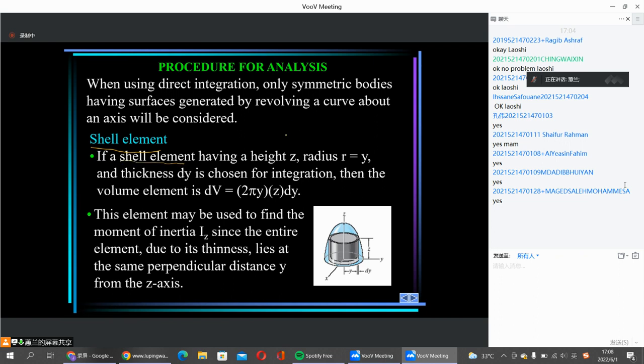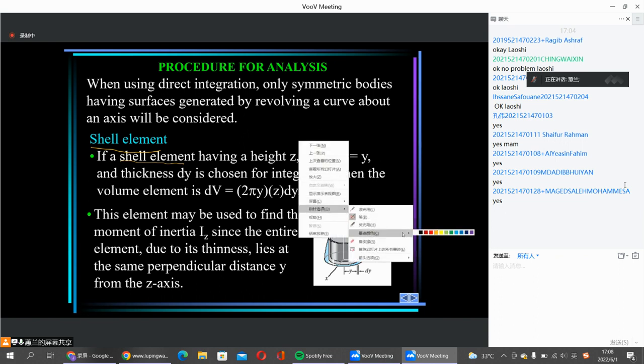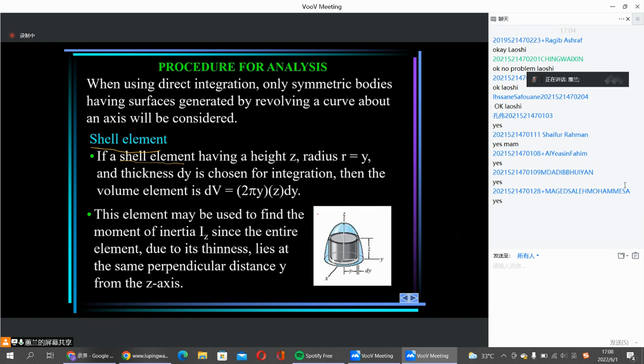If a shell element has a height z and radius r, the radius r is equal to y. Here we define the coordinates x, y, z. We try to calculate the moment of inertia about the z axis.